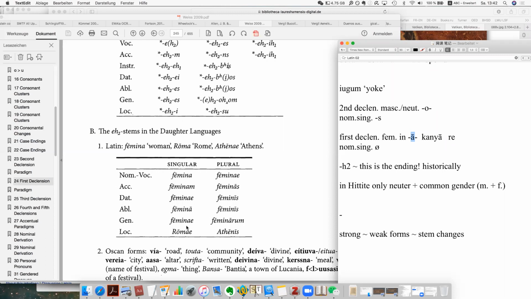Okay. So actually, you don't need to memorize all the forms. You can just keep them by your side, just like for Sanskrit and also for Greek. You can just write it in a notebook. The important thing is that you know where to find the information.